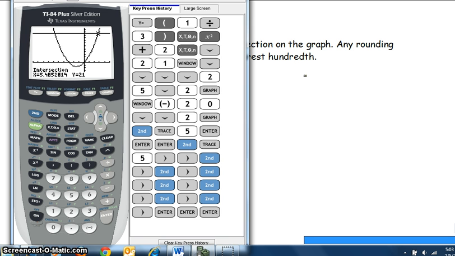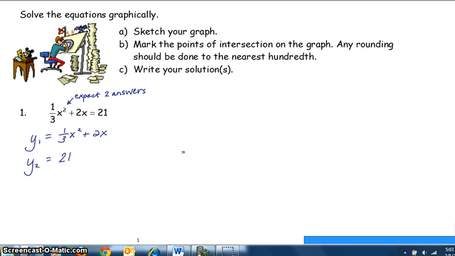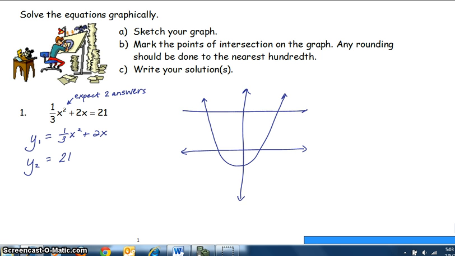So now I'm going to graph that. I'm just going to sketch my graph. So my first point of intersection is over here at -11.49, 21.